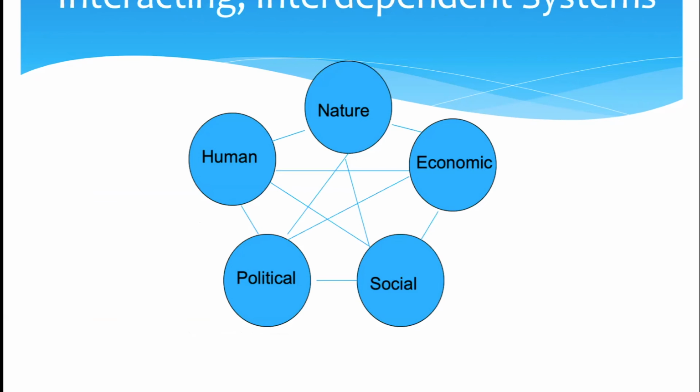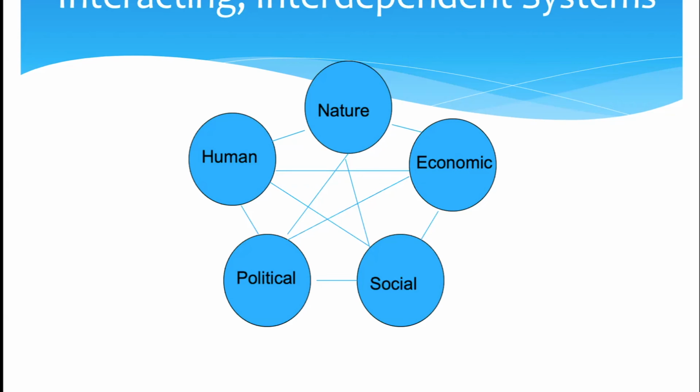So think about interacting, interdependent systems. The bottom four are really human systems, but to better differentiate within those human systems, think about how nature influences and is influenced by social, political, economic systems.